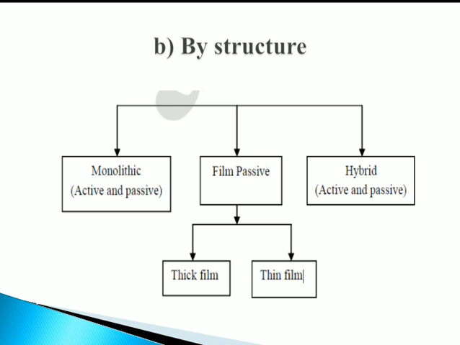Here resistors and conductors will be formed by varying the width and thickness of the film and by using material of different resistivity, whereas capacitors will be formed by sandwiching an insulating oxide film between two conducting films.